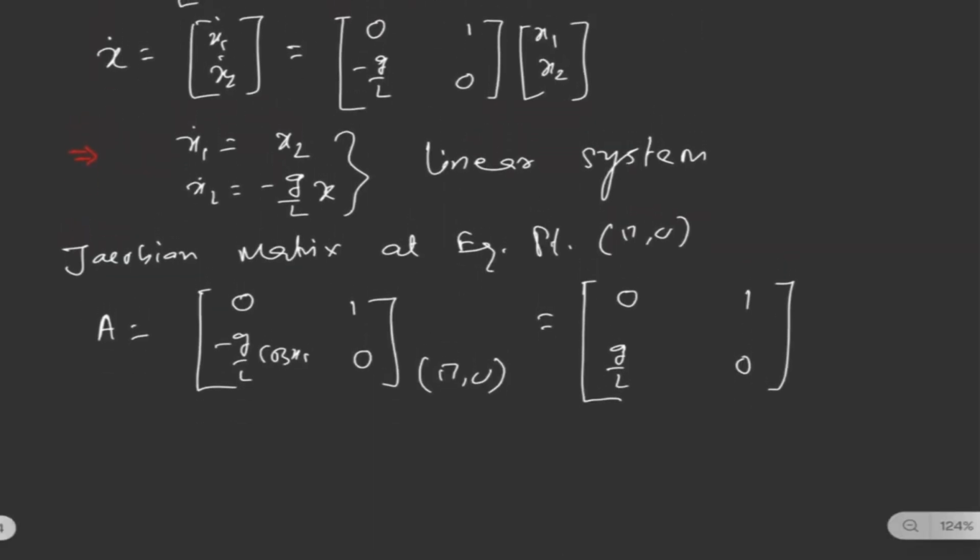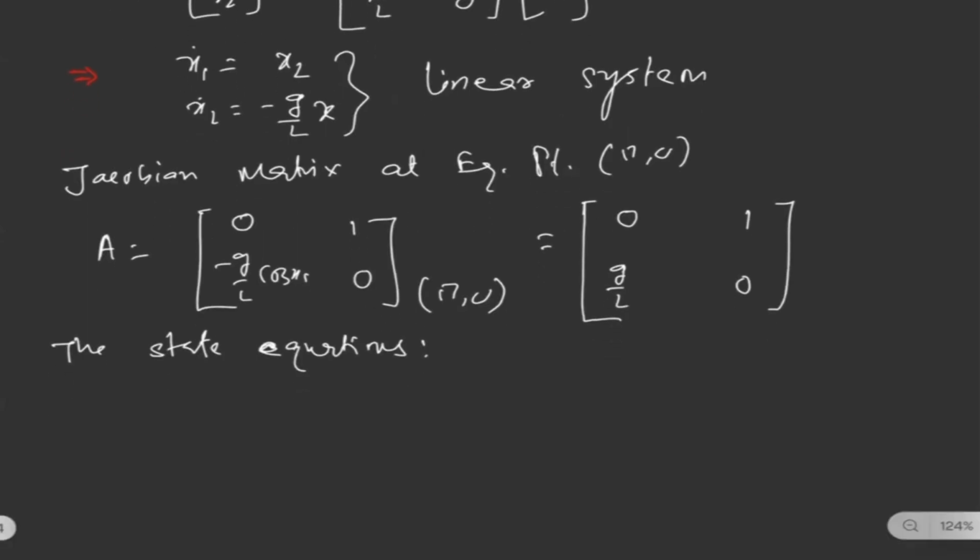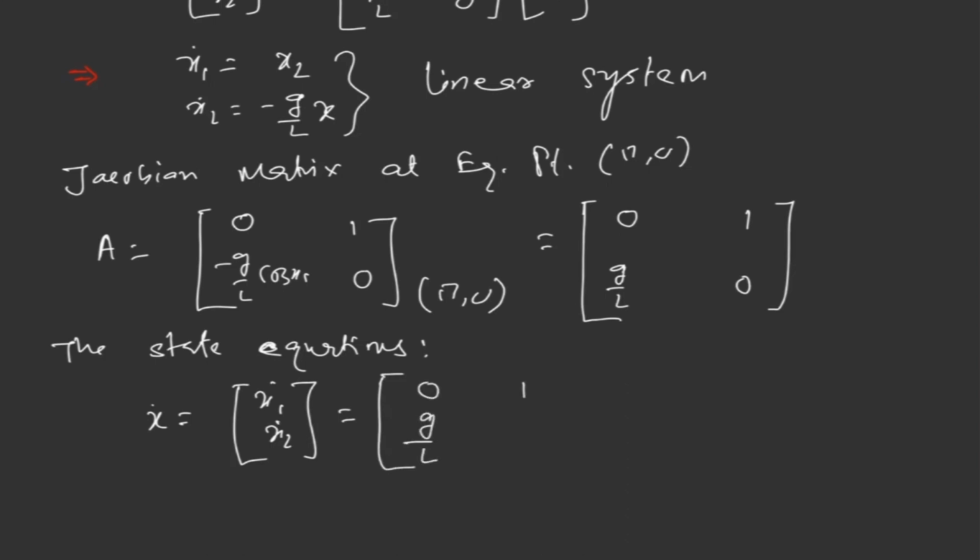The corresponding state equations for the pendulum system in the linear regime: x dot, which is x1 dot, x2 dot, equals 0, 1, g by L, 0 times x1, x2.